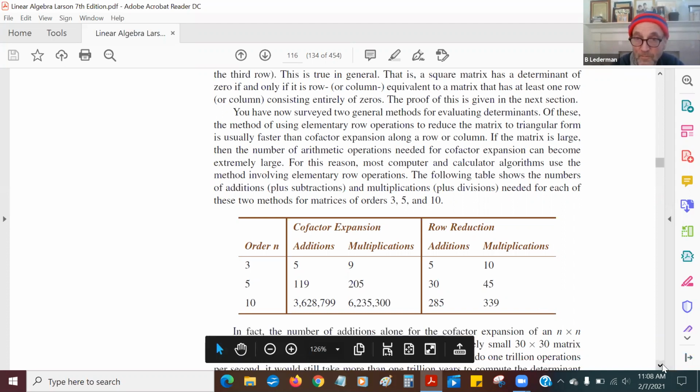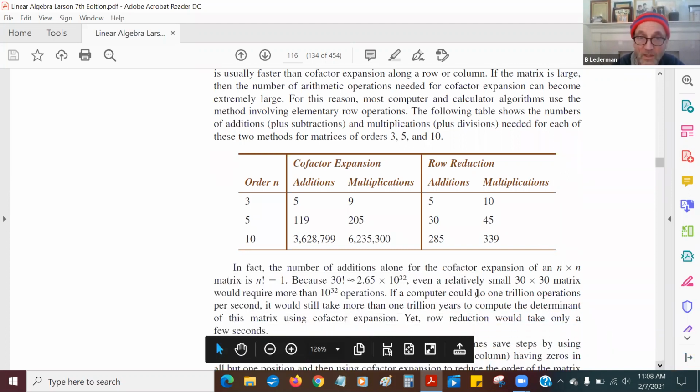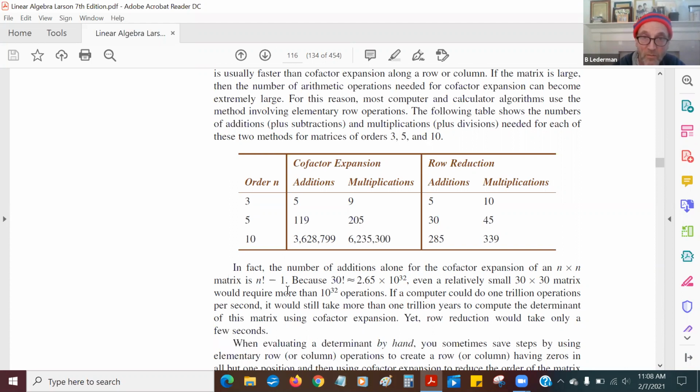Let's see what it says here. In fact, the number of additions alone for the cofactor expansion of an n by n matrix is n factorial minus 1. And 30 factorial is 2.65 times 10 to the 32nd power. That's a 2.65 followed by another 30 zeros. That's a huge number, and that's just for a 30 by 30 matrix, which is not gigantic. For our class, that would be a lot.